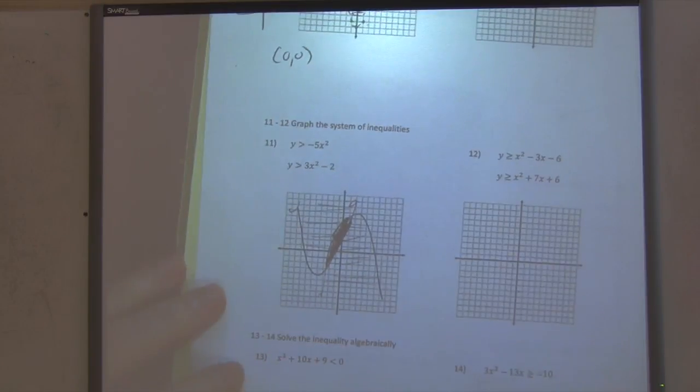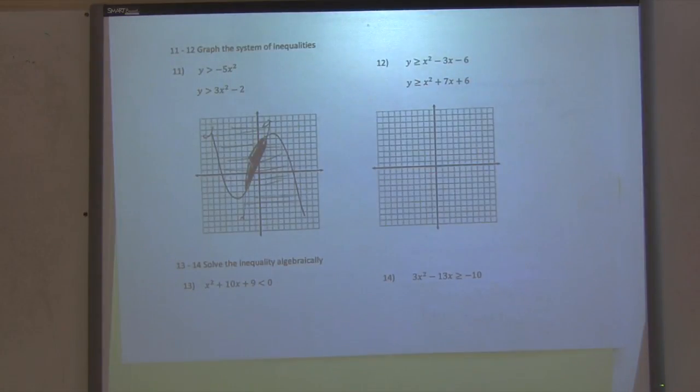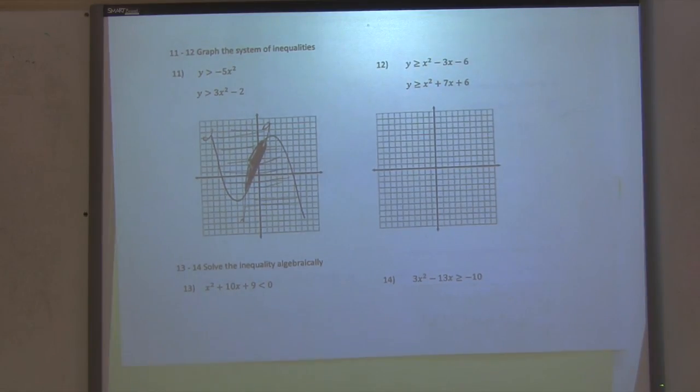And then the last part is solving inequalities algebraically. And so you have to find the two values that make this equal to 0. And you can do it by either using the quadratic formula or factoring. I prefer to always try factoring if it works, but it doesn't always work.